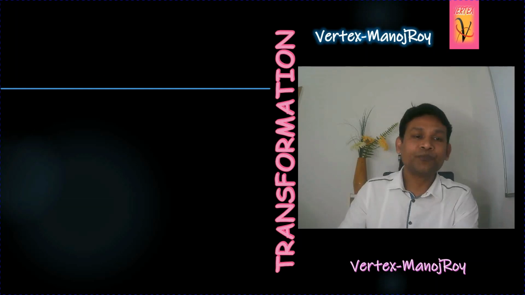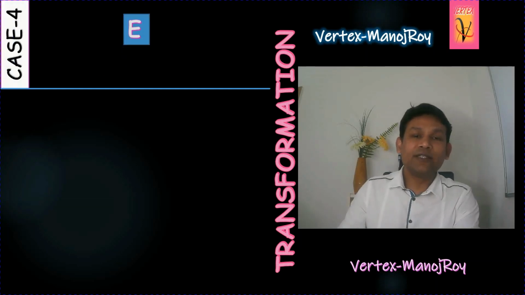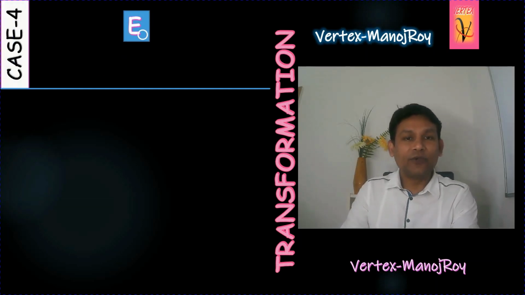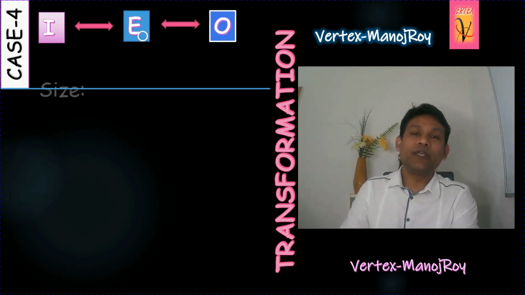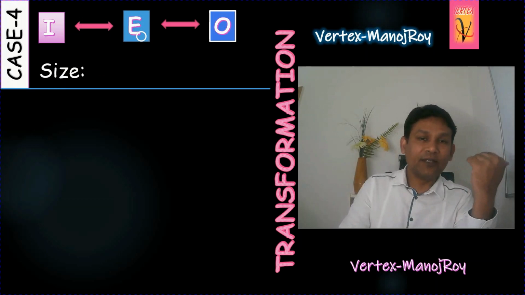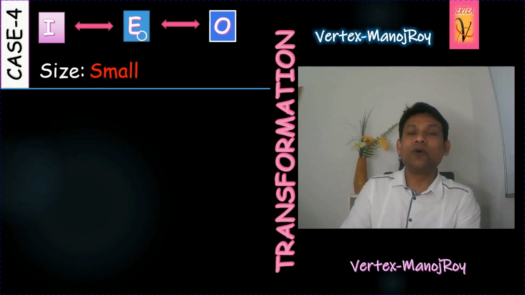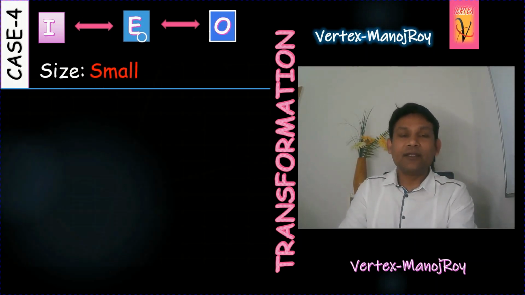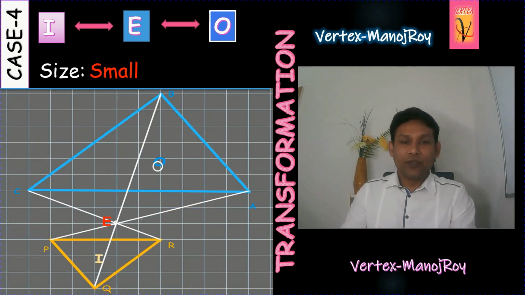I have one more case for you. This case 4 is where the center of enlargement is in between the object and the image, but now we have a small image. Here we can see the object is bigger, the image is smaller, and the center is in between.